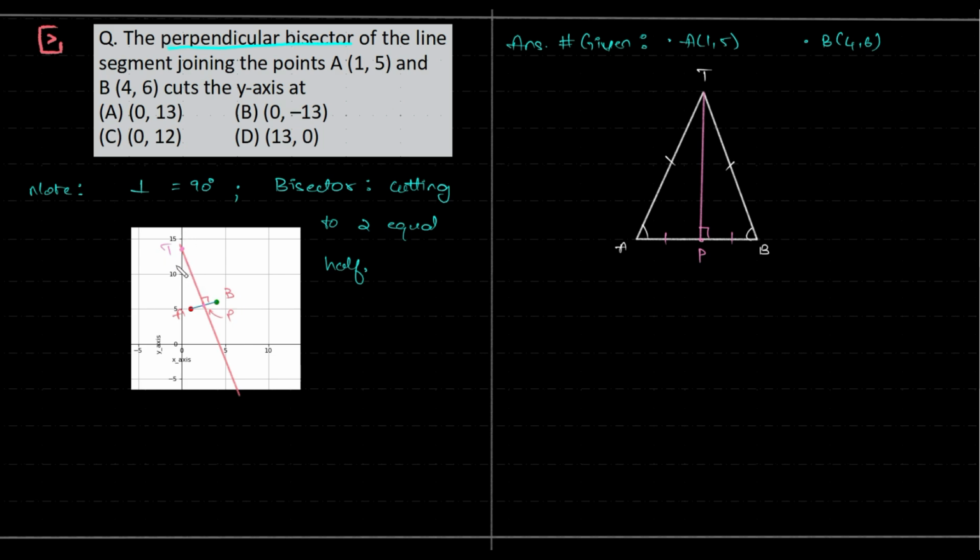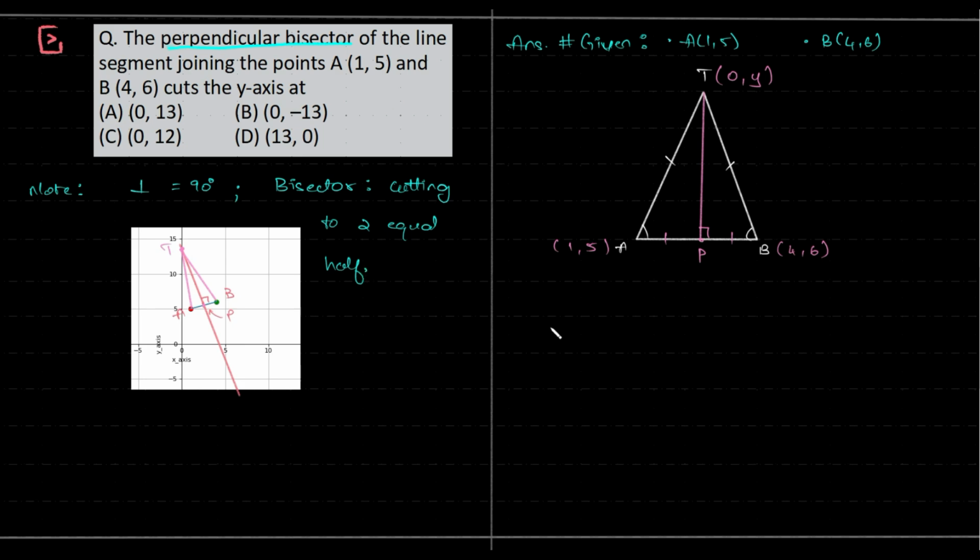Okay, so basically AT is equal to TB. These two lengths are equal. So with that in mind, we'll be able to find point T. Point T will have a coordinate of (0, y), right? And point A and point B are (1, 5) and (4, 6). So basically this is our funda.